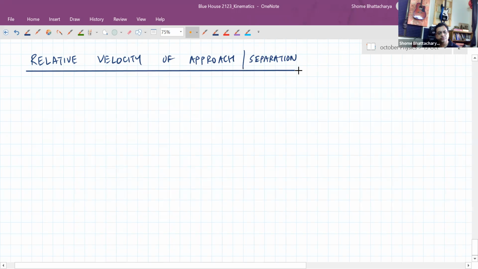So this is slightly different to relative velocity, because this is what we call approach velocity or separation velocity.